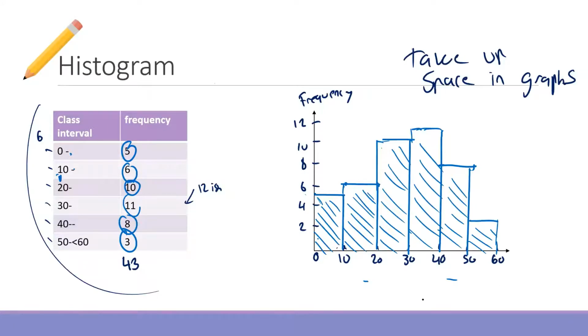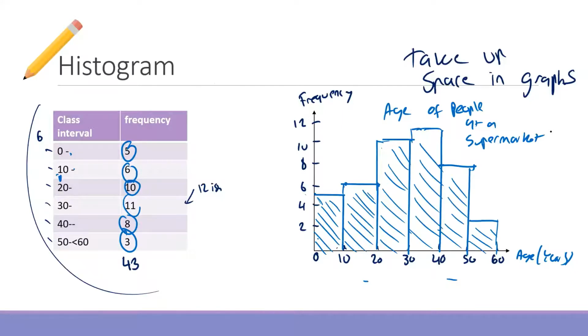But let's just say these are ages in years, and this is the age of people at a supermarket, for example, something like that. I don't know, whatever your measurement is.